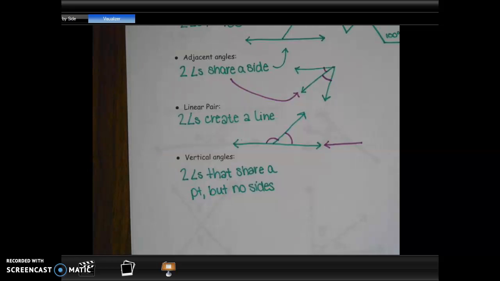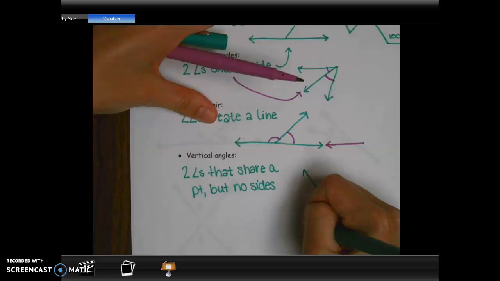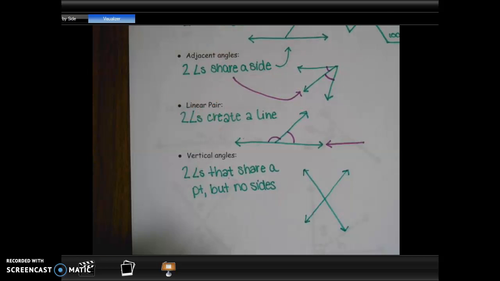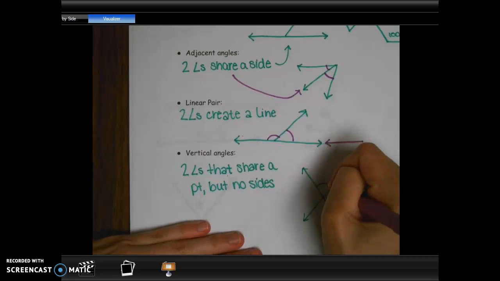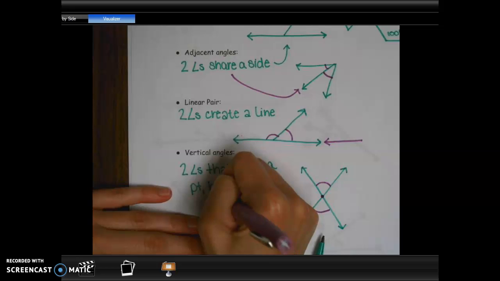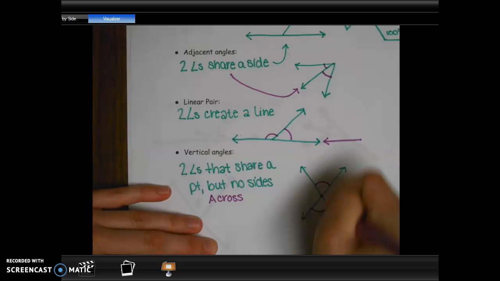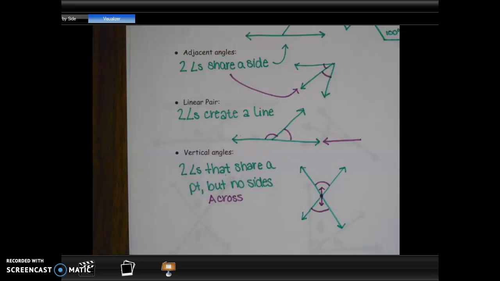But this is just an easier way to think of it. So anytime you see an X created, see how there's this shared point? The two angles that don't share any sides are also across from each other. They create a bow tie. They're considered vertical. All right, so let's do some more examples.